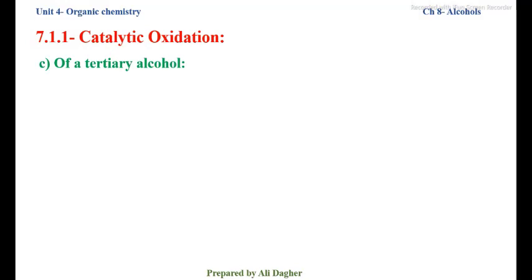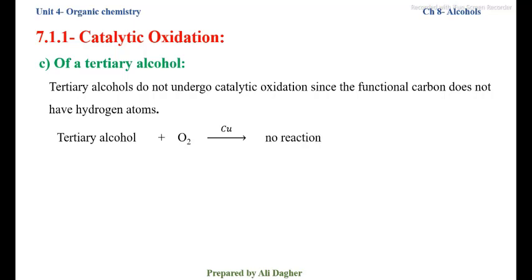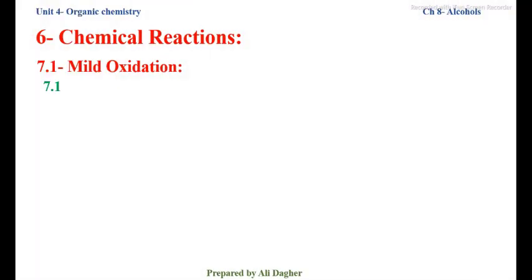Now of a tertiary alcohol. Tertiary alcohols do not undergo catalytic oxidation since the functional carbon does not have hydrogen atoms. Then tertiary alcohol plus O2, no reaction. Now 7.1.2 catalytic dehydrogenation.